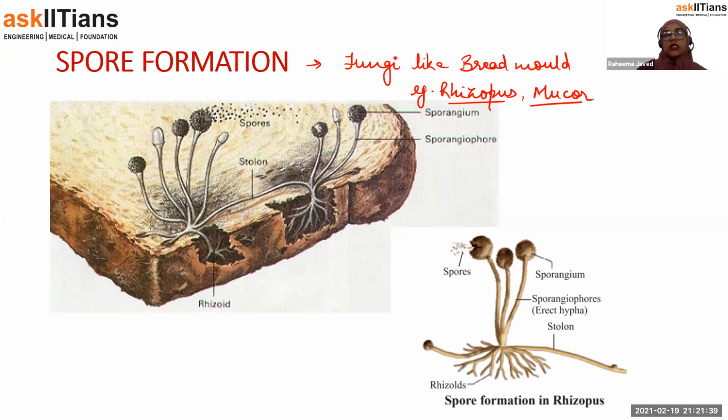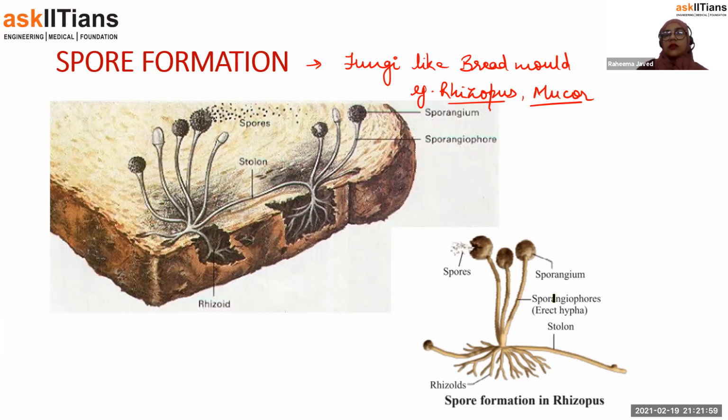Aspergillus is another example where the reproduction will be the same, that means by spore formation, but the types of spores will be different. Okay, but our concern is the formation of spores, how reproduction is taking place with the help of spores.